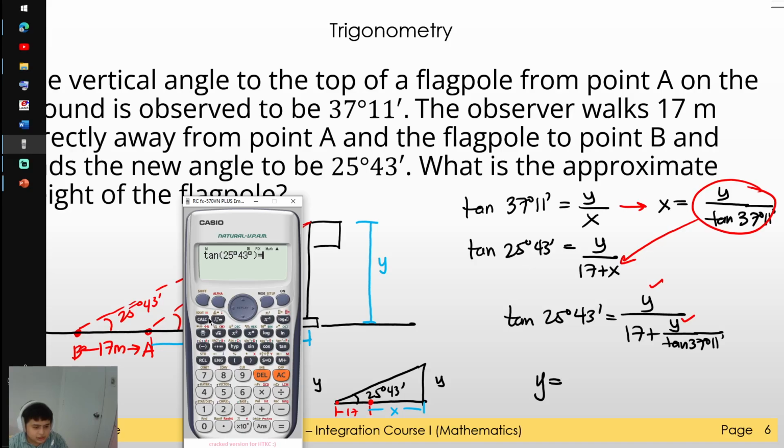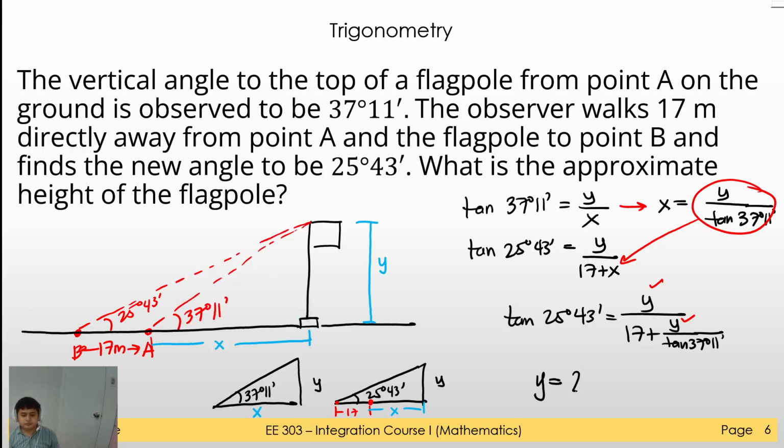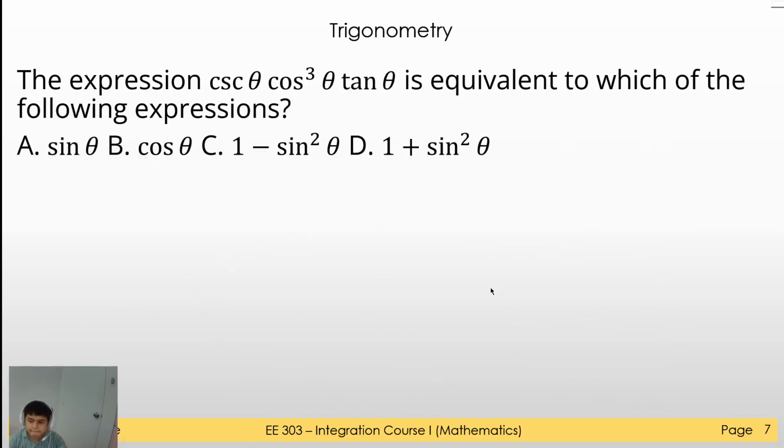Then equals, we have Y, so alpha X, and then 17 plus alpha X over tangent 37 degrees, 11 minutes. Then shift solve. So we have 22.43. The height of the flagpole is 22.43 meters.